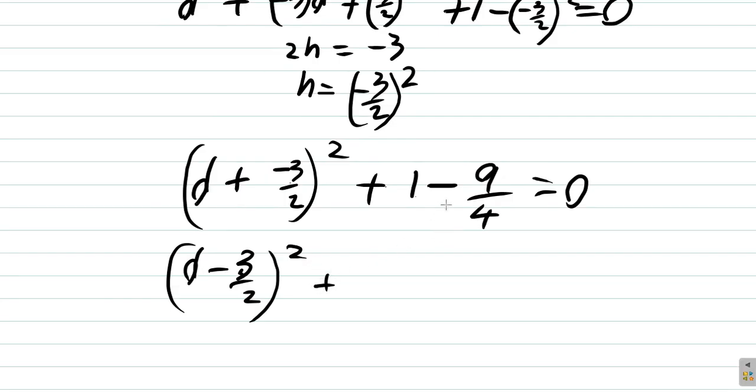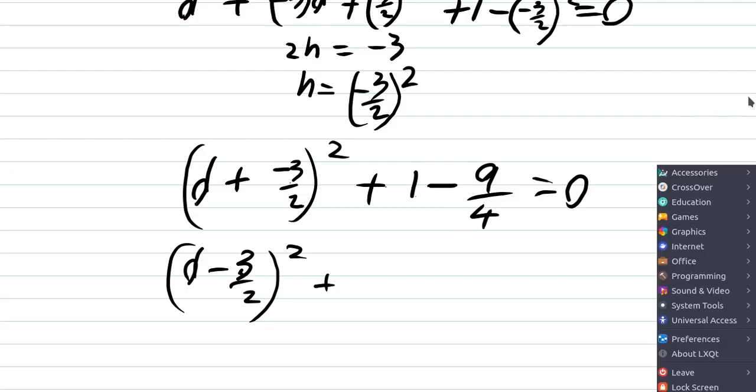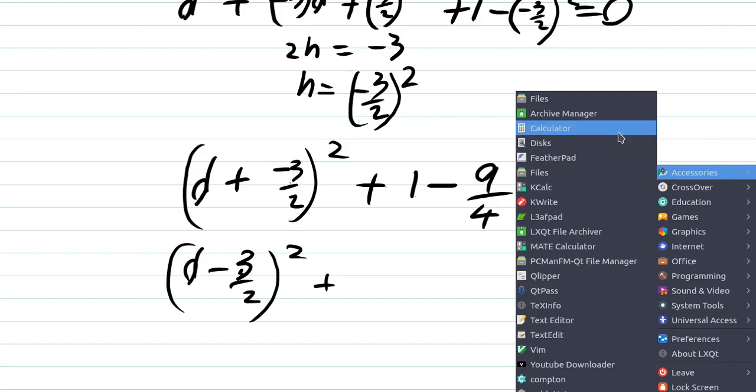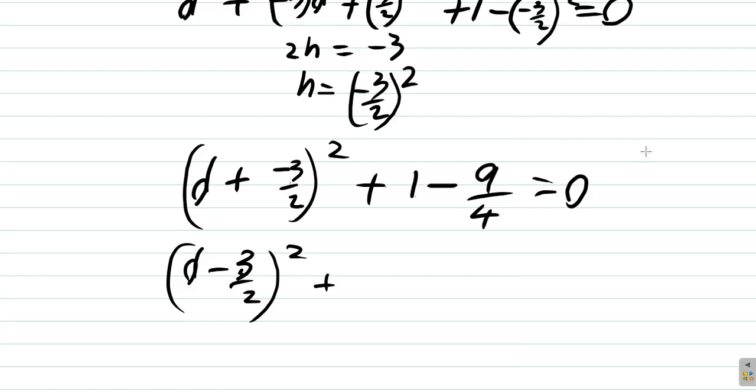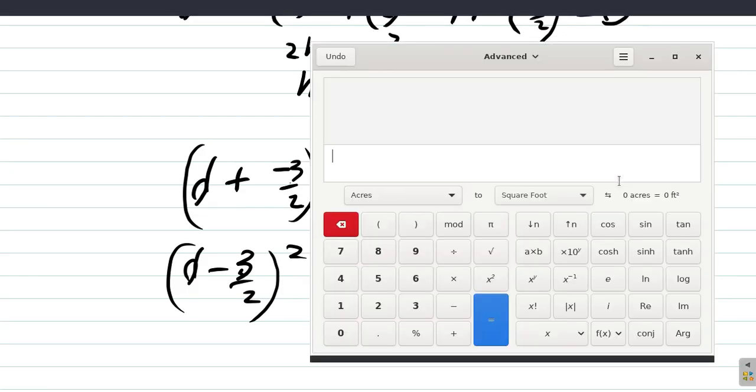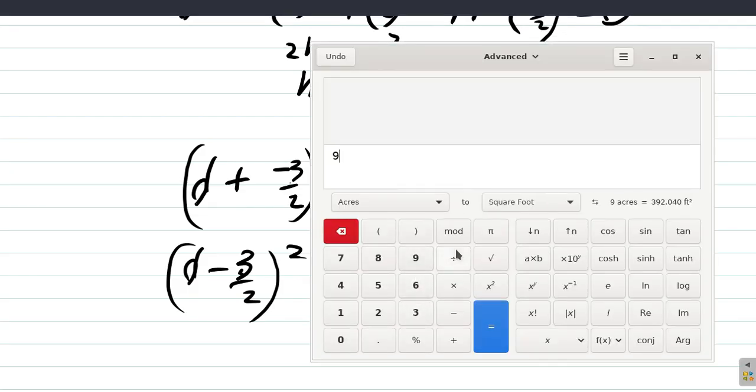plus, we'll work this out as a fraction. By the way, 9 over 4. We could just do it on the calculator to save a little time. 1 minus 9 over 4. So 9 divided by 4 is 2.25.